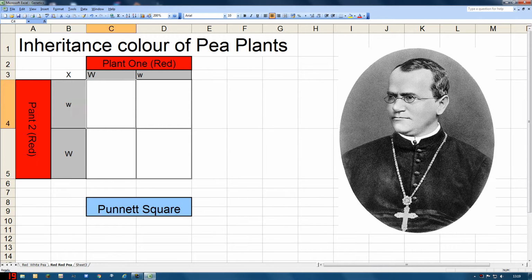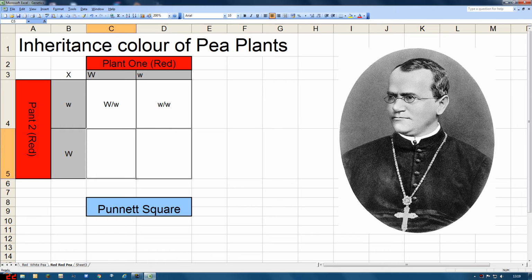In this square here, once again we're going to bring the uppercase W down, and then coming across we're going to bring the lowercase w across. This one here we've got a lowercase w coming from the top plant and a lowercase w coming from the left hand side plant.